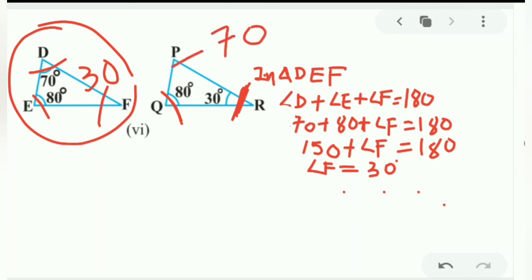But how can we compare? This was the rough work. They did not tell us to mention it here, but now our fair work will start. We will start comparing our angles.